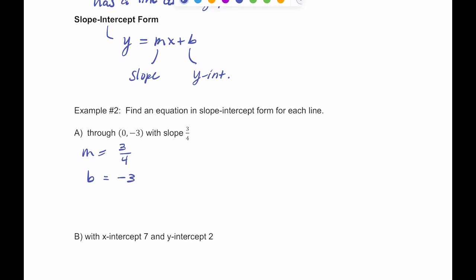So that tells me that b is negative 3, because that's my y-intercept. And now all I need to do is just plug that into my equation. So that would be y equals mx plus b, where plus becomes minus because it's plus a negative 3. So that would be y equals 3/4 x minus 3.